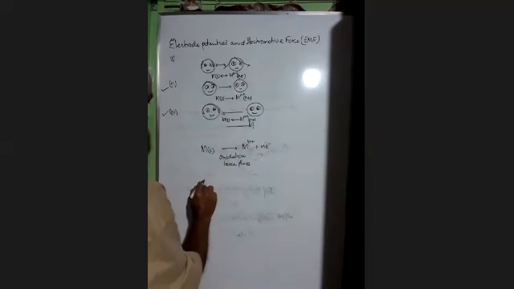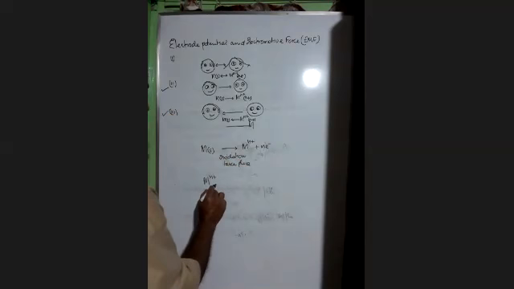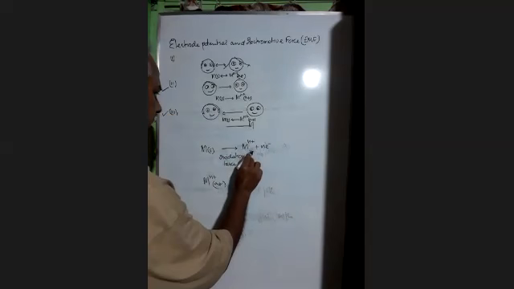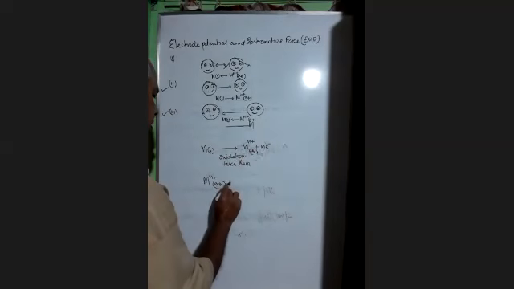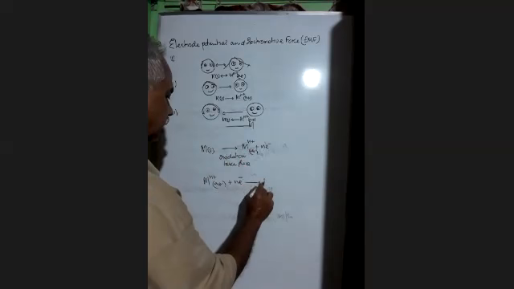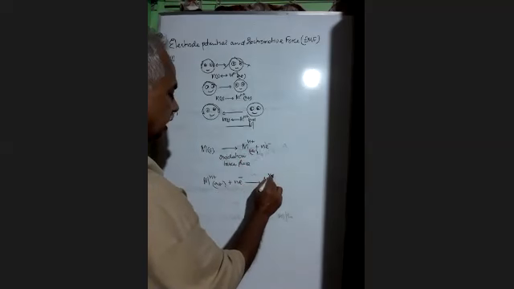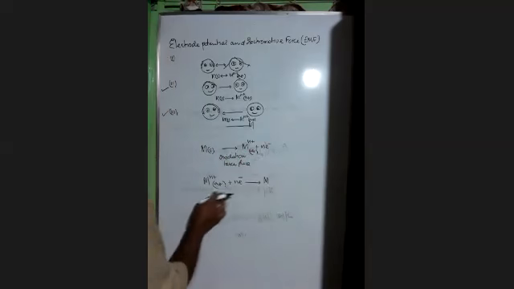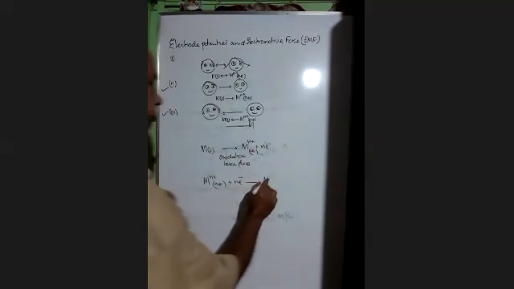Now let us go for the third one. In the third one, what will happen? The metal ion may like to take n electrons to become M. Sorry, it takes n electrons, then it has become the metal.